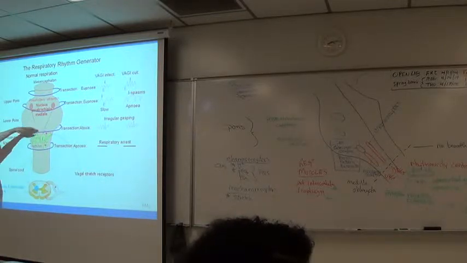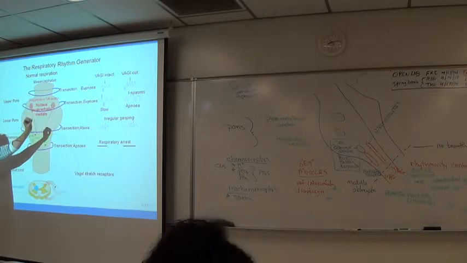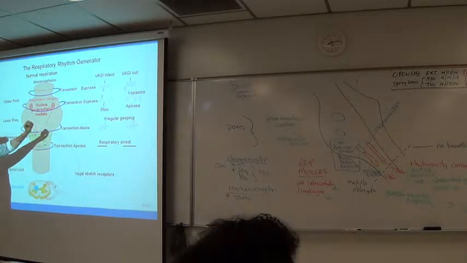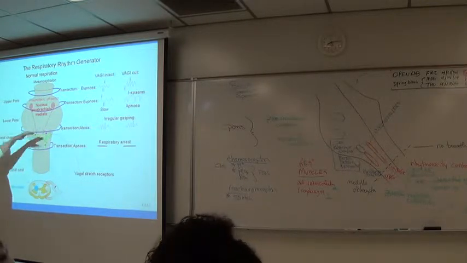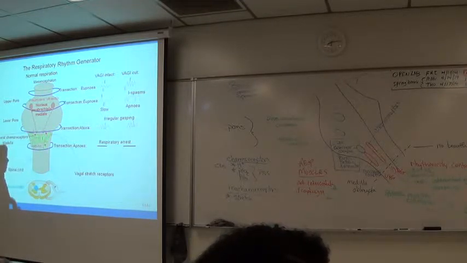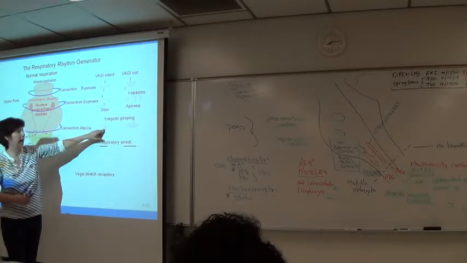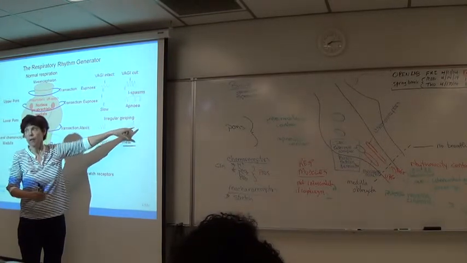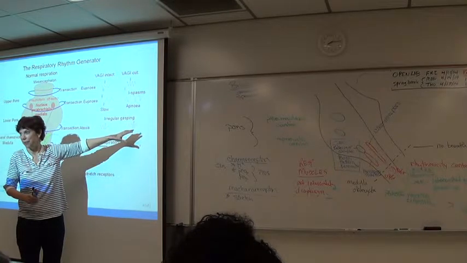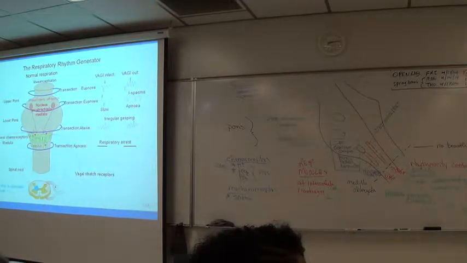If we don't have, remember what the breathing centers in the pons are for? Fine tuning, okay? So if we cut below those centers and we have just the medullary center, and we cut here, then we have this, you're breathing, but it's irregular. We don't have the fine tuning of the pons, all right?